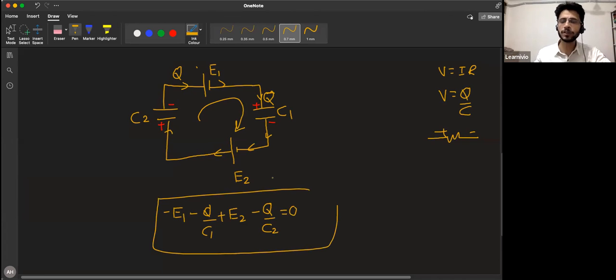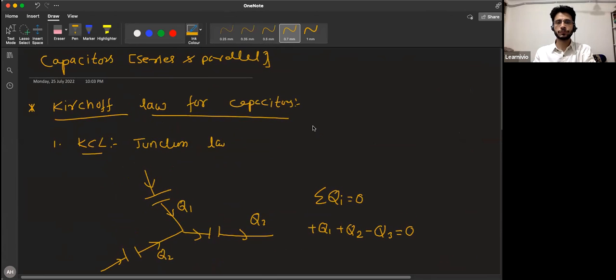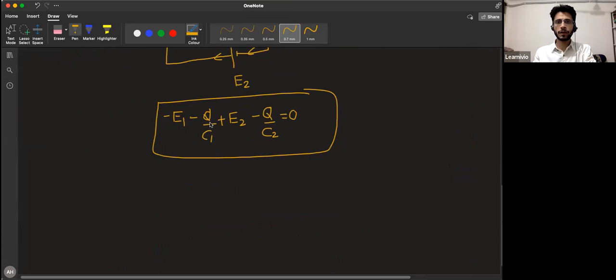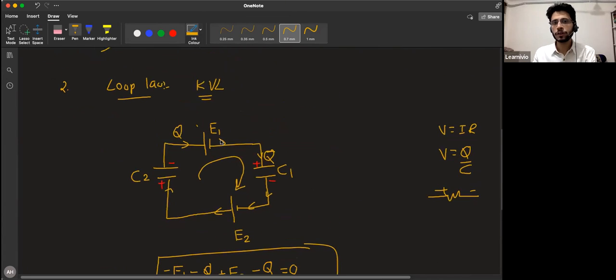So that is the difference between Kirchhoff voltage law in resistors and in capacitors. Instead of IR, we'll be using Q by C. In resistors, the direction of current was important, but in capacitors, it's the polarity which is important. Note it down, we'll do one question on it. You ask how we got minus Q by C1. It's because we are going in this direction.